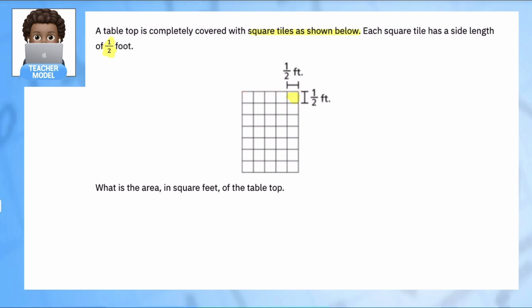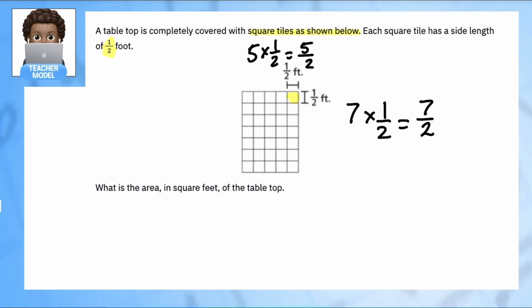I'm going to use my repeated multiplication. I know that I have 5 groups of 1/2. So 5 times 1/2 tells me that this dimension is 5/2. And in this dimension here, I have 1, 2, 3, 4, 5, 6, 7 groups of 1/2. So 7 times 1/2 is 7/2.